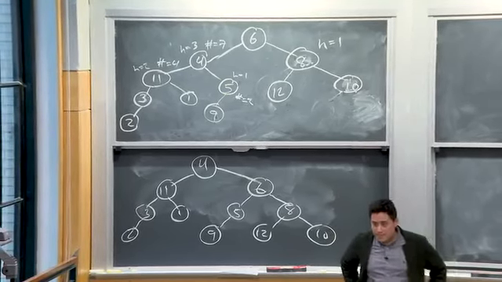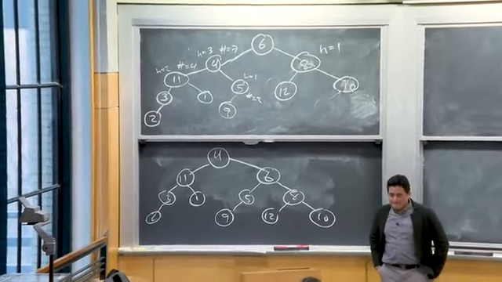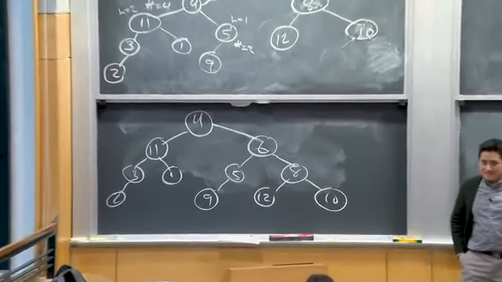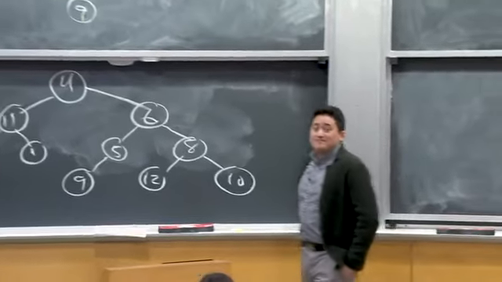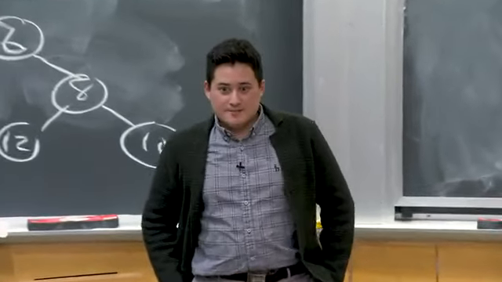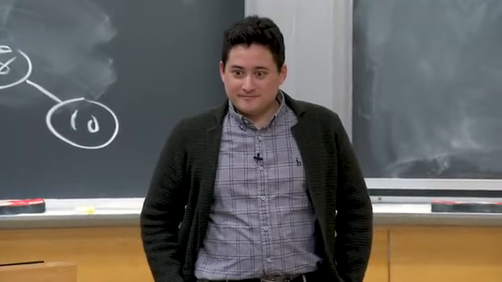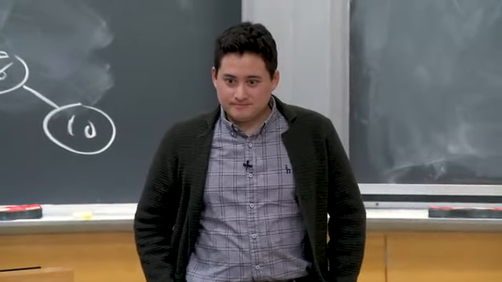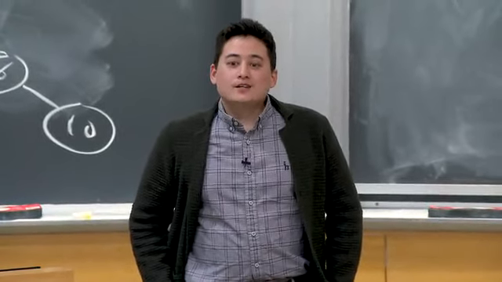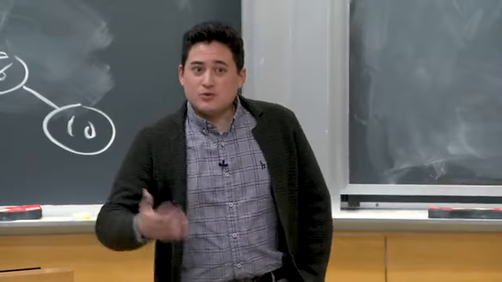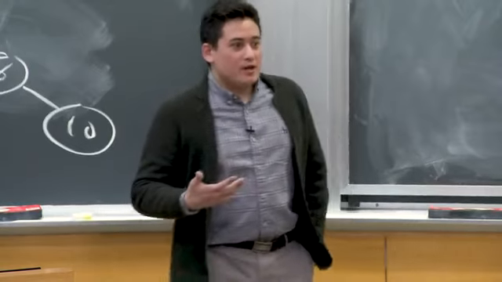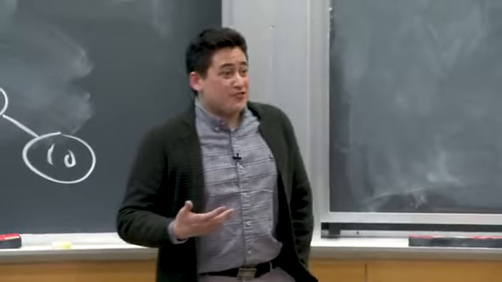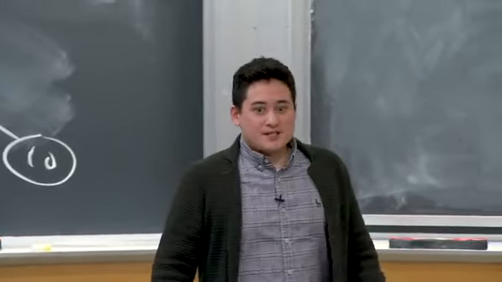Yeah? Just checking. So every time we do a rotation, we just update the augmentation immediately afterward before we do any other rotation. Exactly. Updating the augmentation just means updating the count and the height, the properties that stay. Yeah, basically, when we augmented, Professor Demaine yesterday defined for you what a subtree property is, right?